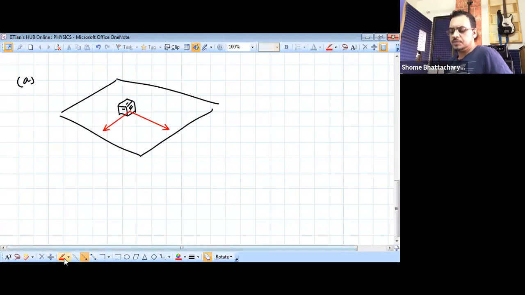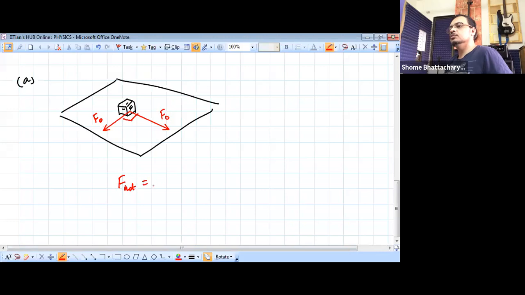This force is also F naught in magnitude, but they are acting at 90 degrees.